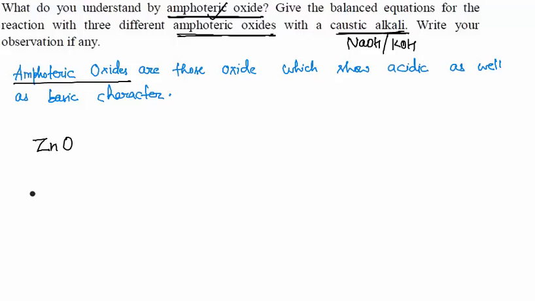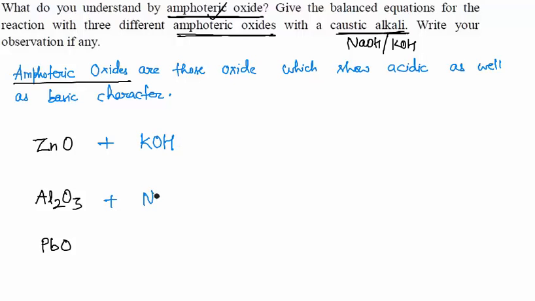We have three amphoteric oxides: ZnO, Al2O3, and lead oxide, PbO. Suppose ZnO reacts with a caustic alkali. We already talked about NaOH, so let's take KOH here.